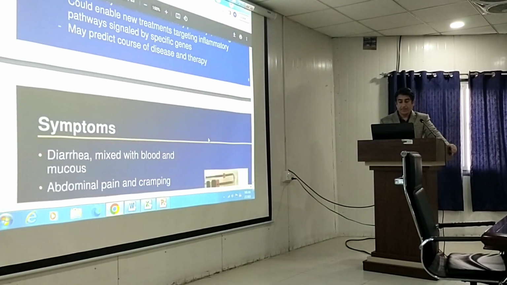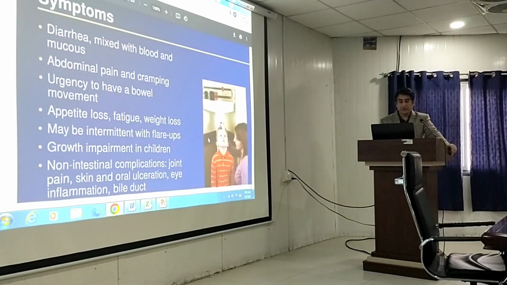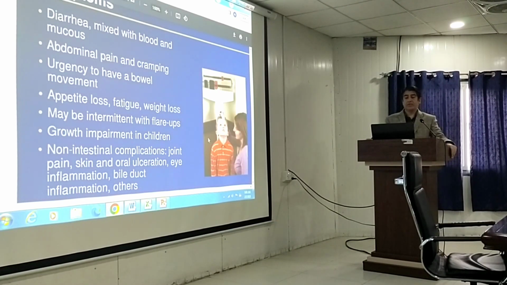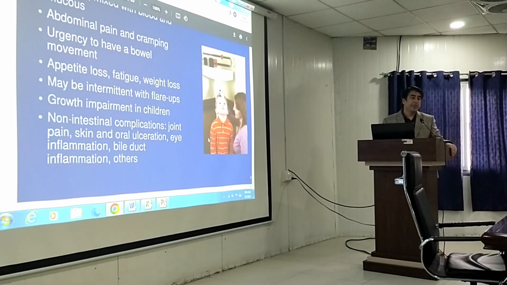Symptoms: most patients present with diarrhea mixed with blood and mucus, abdominal pain and cramping, urgency to have a bowel movement, appetite loss, fatigue, and weight loss, which may be intermittent with flare-ups, and growth impairment in children. Non-intestinal complications include joint pain, skin and oral ulcerations, eye inflammation, bile duct inflammation, and others. These are all extraintestinal manifestations a patient can have.